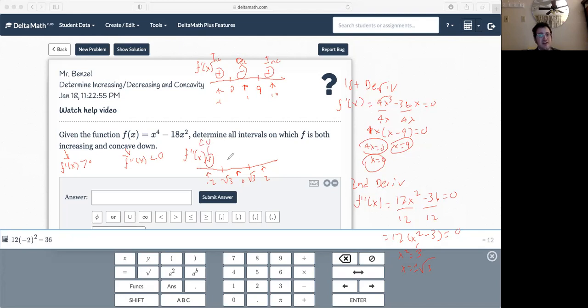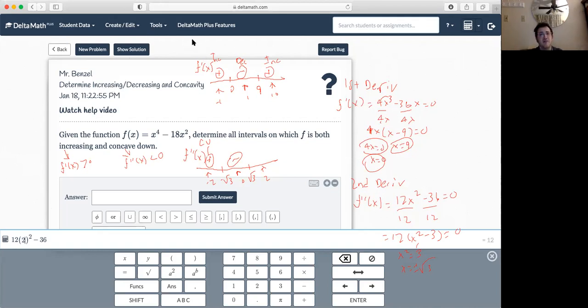I just like to write CU. And then I'm going to put in a 0. So that's a negative number. So that's concave down. And then I'm going to try 2. And I'm going to wager that that's a positive number.